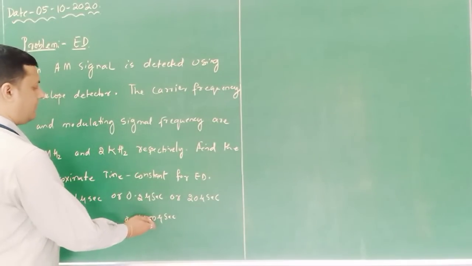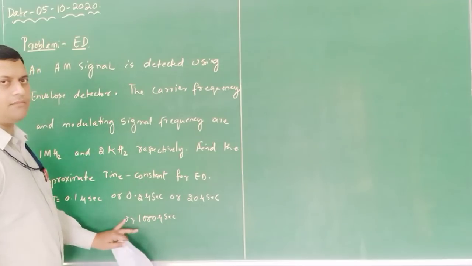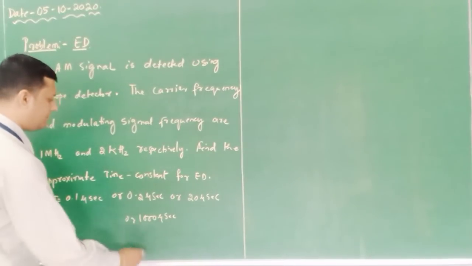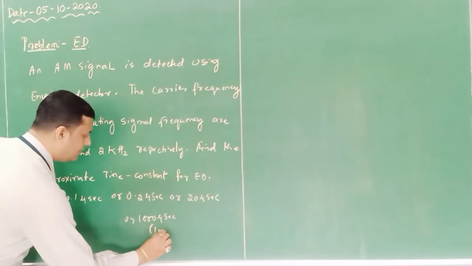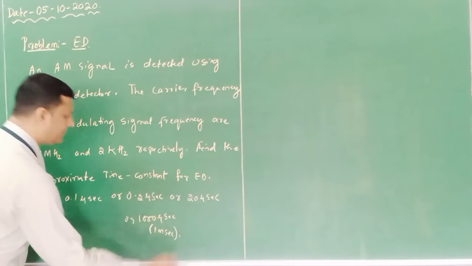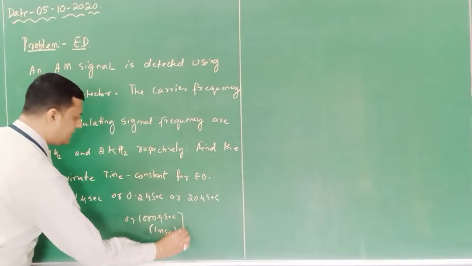This 10 to the power 3 into 10 to the power minus 6 becomes 10 to the power minus 3, so it becomes 1 millisecond.